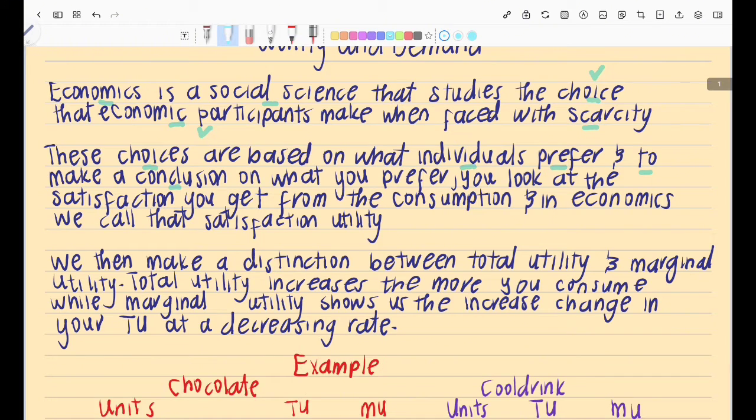So to understand what you prefer as a person, you look at the amount of satisfaction you get when you consume a certain good, and then you decide that this is the good I prefer over the other one. Most probably the one that gives you the most satisfaction when consumed is the one you will prefer more. So you choose your preference based on the satisfaction you get from the consumption of that good, and in economics, we call that satisfaction utility.